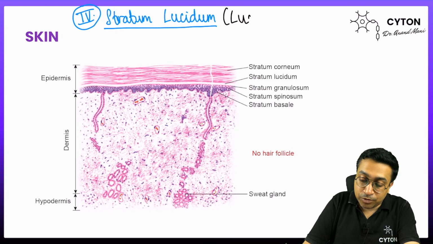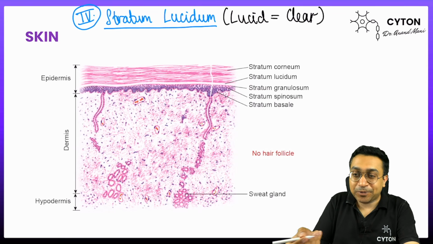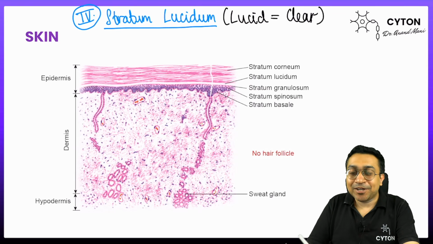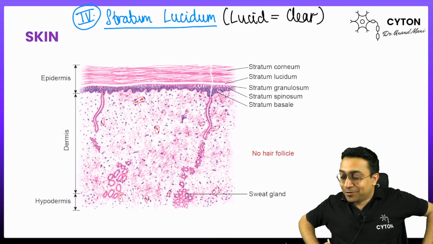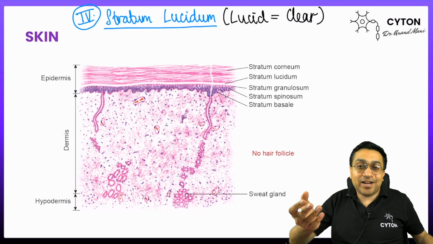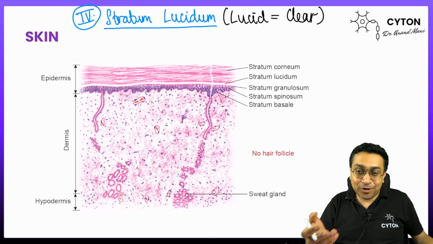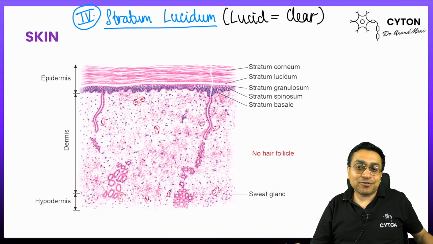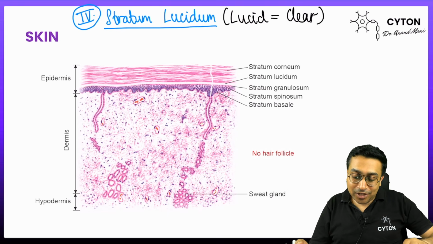It is my job to make this anatomy subject clear for you, and my handwriting should also be clear. If you go into fonts in MS Office, you can find the Lucida Handwriting font that is also available in the computer. So lucida means clear.